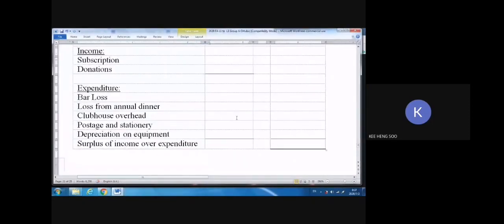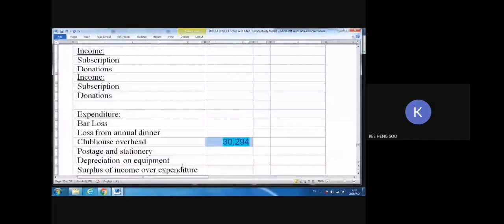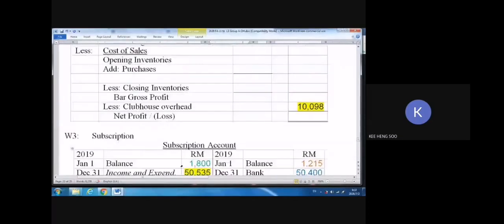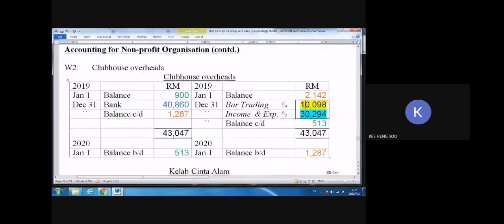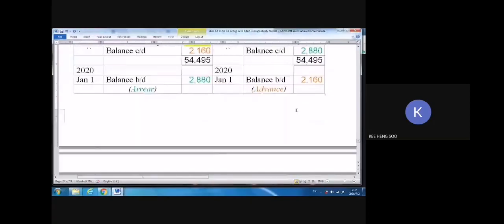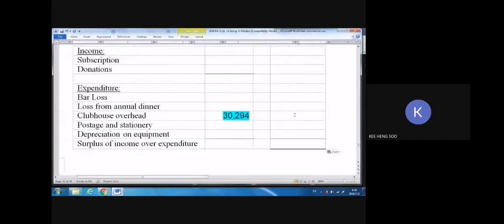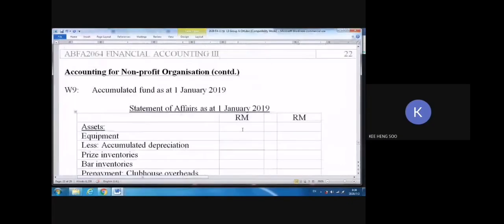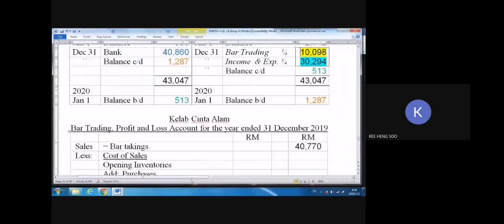Clubhouse overhead. This is the one. Do you see that? I don't want to fill out everything for you. The clubhouse overhead, you only get 10,000 and 30,000. This 10,000 is recorded here. The 30,294 is on the next page. Okay, you forget all first. Next.